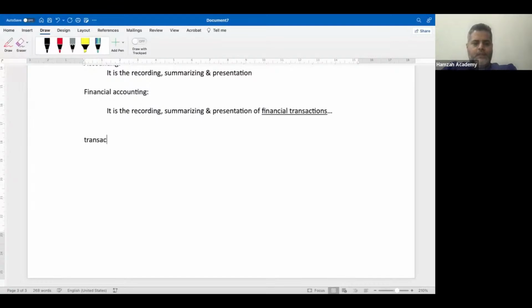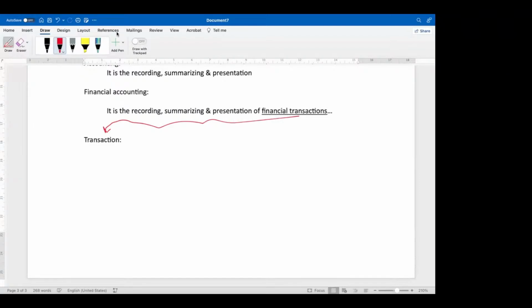Now, about these financial transactions: what is a transaction? Anyone? Anyone know what a transaction is? Come on, anyone? A transaction is one that has a dual effect.